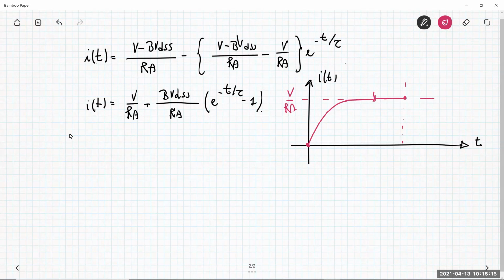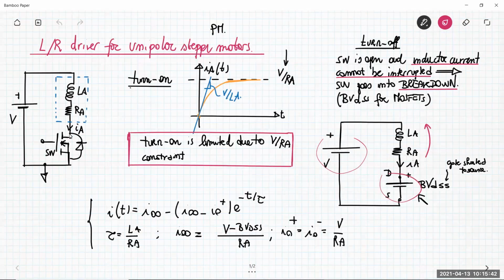So you have something that at the end will reach V minus BVDSS over RA. This is I infinite. Something like this, okay? Pay attention that I infinite here, which is V minus BVDSS, this term here is negative, okay?